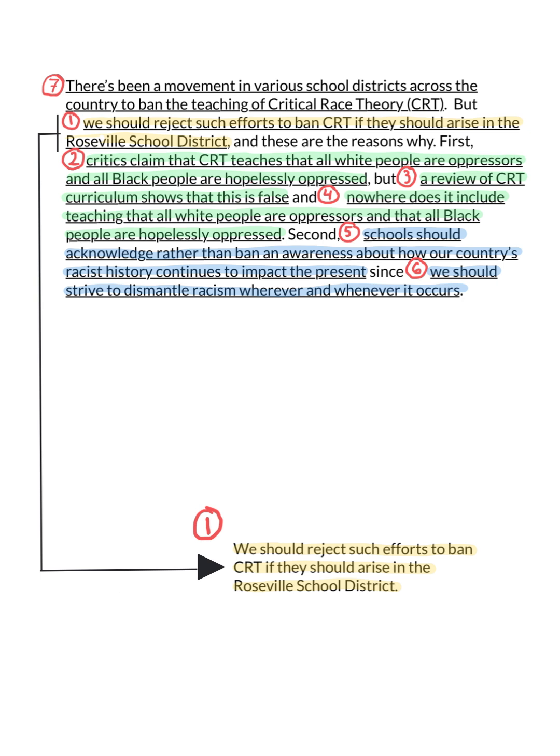The next thing to notice is that the arguer is conveniently organizing the reasons with first and second. That indicates that we've got two main reasons that intend to support the conclusion. But you'll also notice that each of these reasons has multiple claims in them.